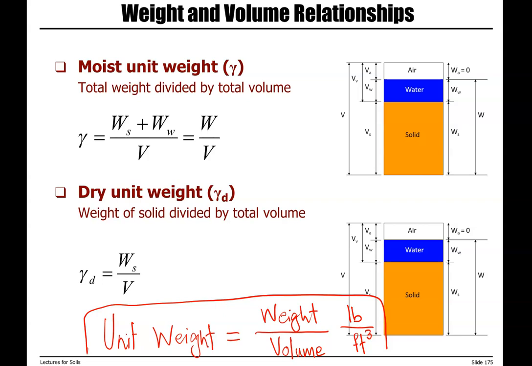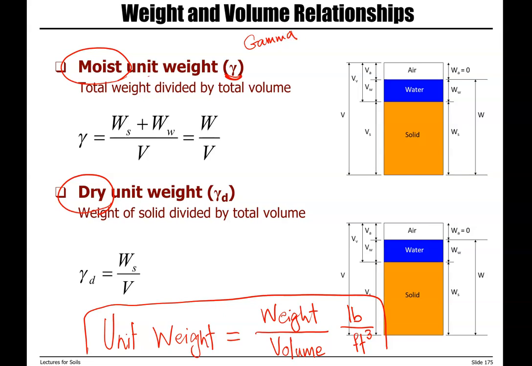When talking about a soil sample, we may talk about two different types of unit weight: a moist unit weight or a dry unit weight. For moist unit weight, we use this symbol, which is called gamma.